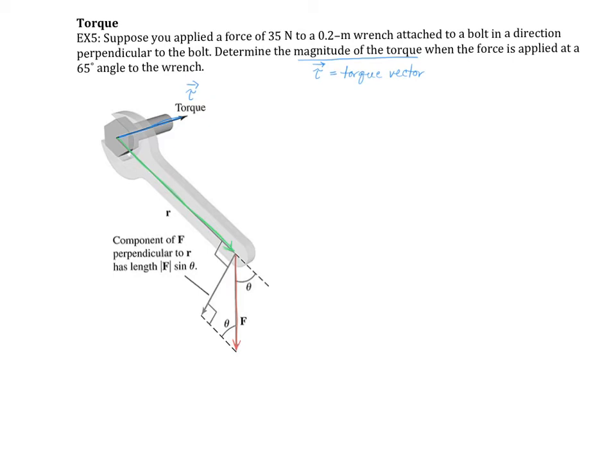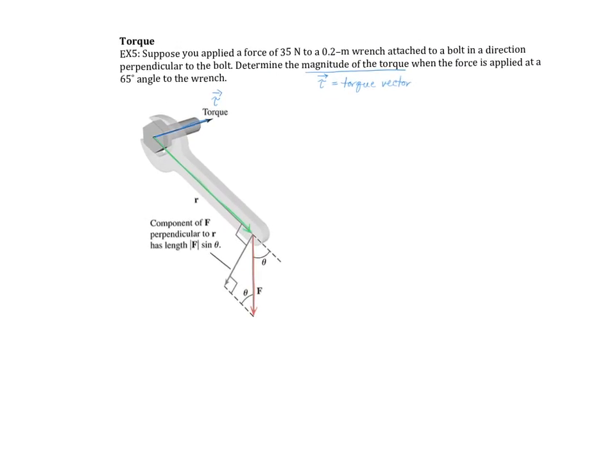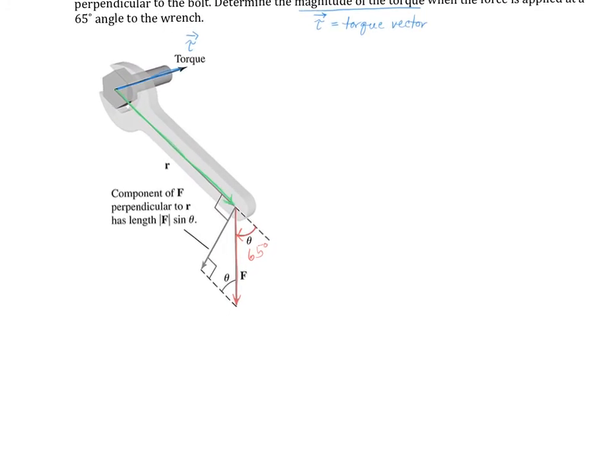So I have all this information, and I also have additional information. I know that when I apply the force, it's going to be at a 65-degree angle, so I'm going to be moving my wrench 65 degrees down. That would be this theta here at the handle of my wrench. Oftentimes it's helpful to move vectors so they have the same tail.